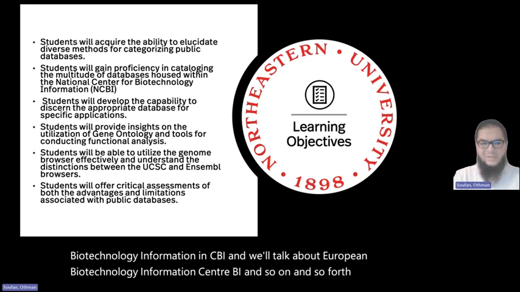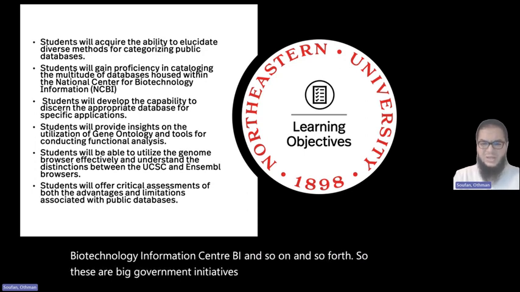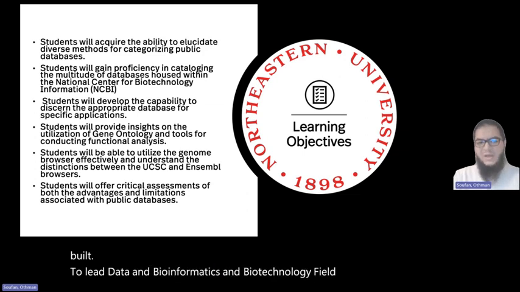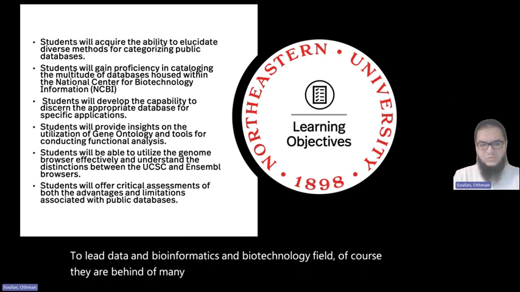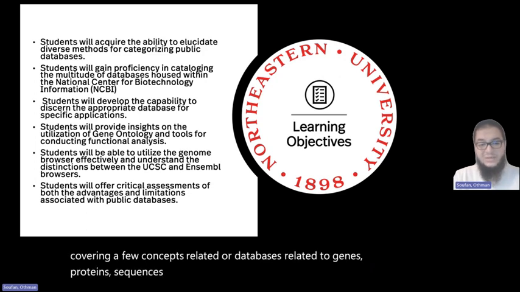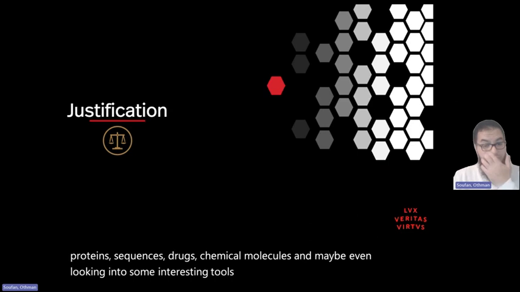So these are big government initiatives or centers that were built to lead data in the bioinformatics and biotechnology field. Of course, they are behind many valuable resources and tools. So we'll be covering a few concepts related to databases for genes, proteins, sequences, drugs, chemical molecules, and maybe even looking into some interesting tools related to these databases.